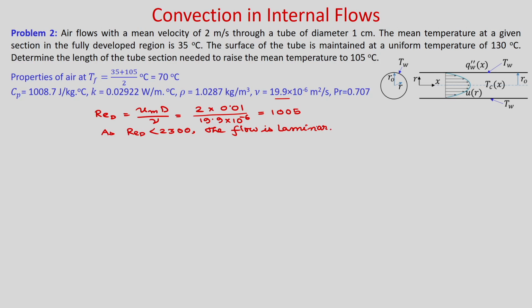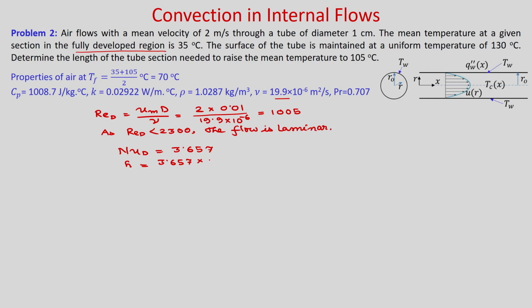Okay. So, the flow is laminar and it is a fully developed region, already stated in the problem. So, we can use the Nusselt number based on diameter for uniform wall temperature, which is 3.657. We can calculate the h as 3.657 into k.